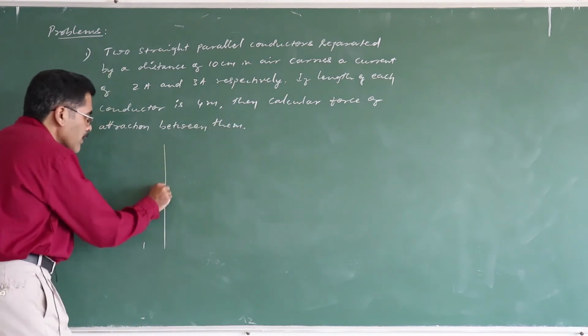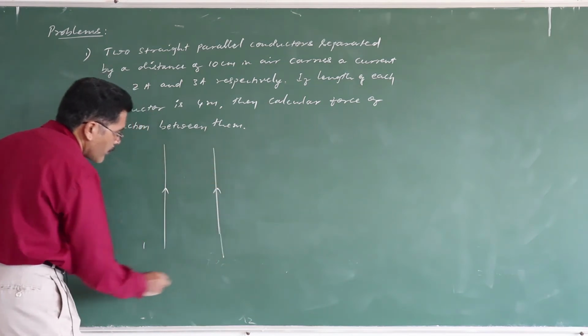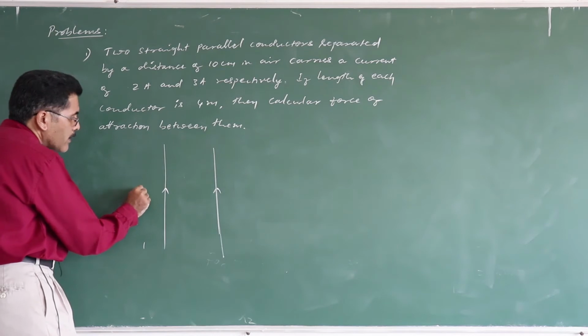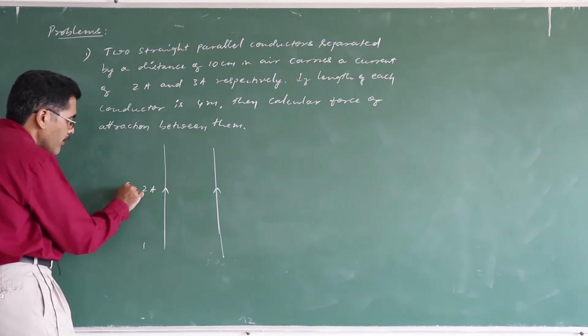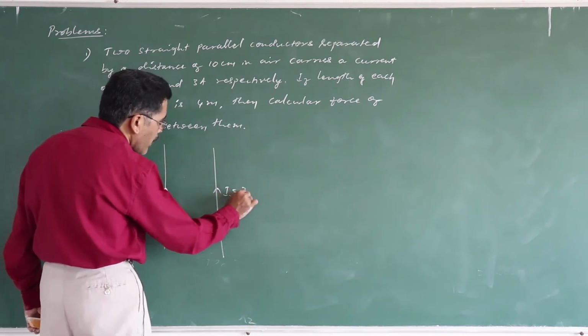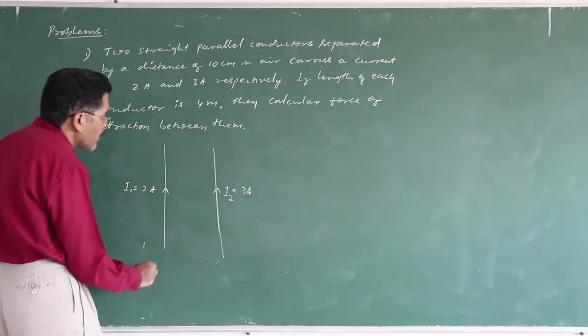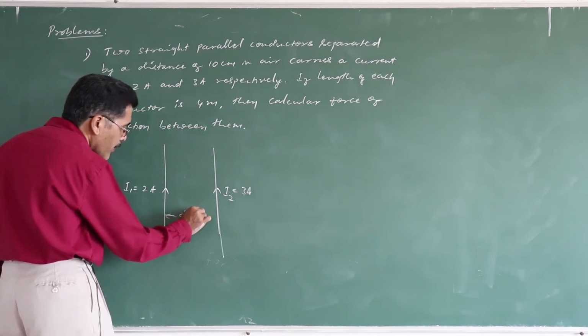See, there are two conductors. This is carrying current 2 ampere, let me take it as I1, and this is carrying current 3 ampere, I2. They are separated by a distance of 10 centimeter, D is equal to 0.1 meter.